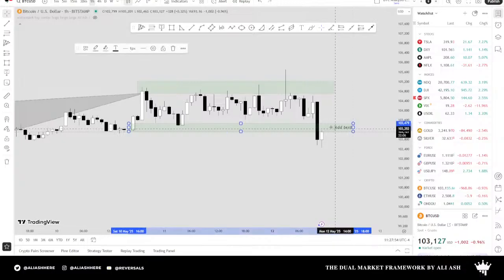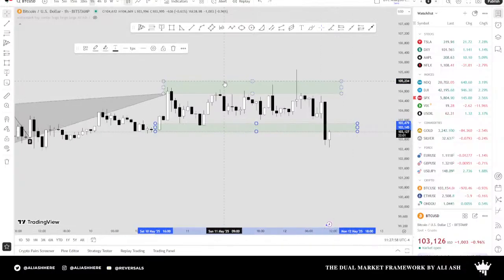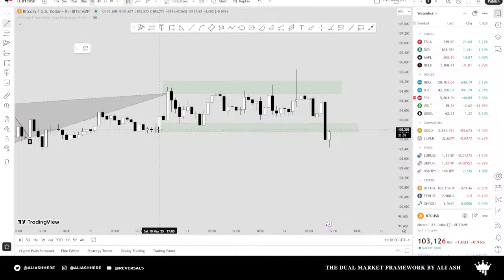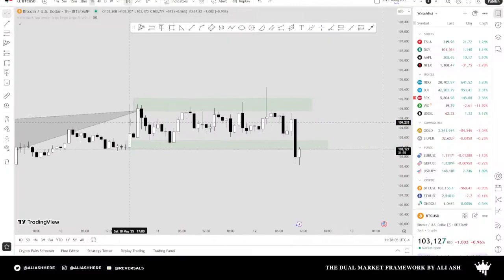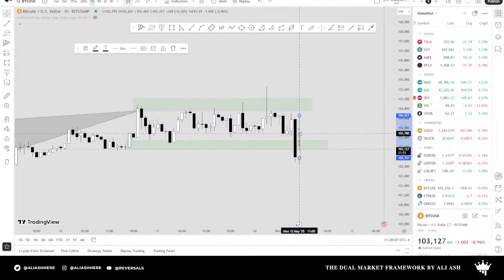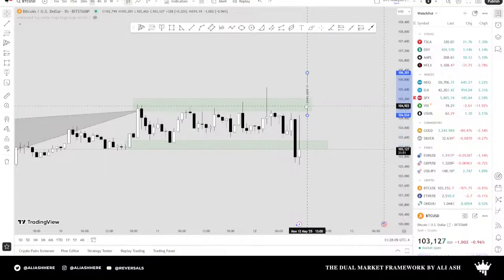So if we are able to pull back over this support, it will likely give an SR intention of this spring trap demand, and so this will be our minor demand, and this will be our major demand to 106.